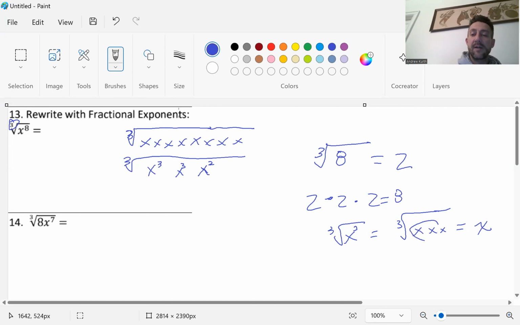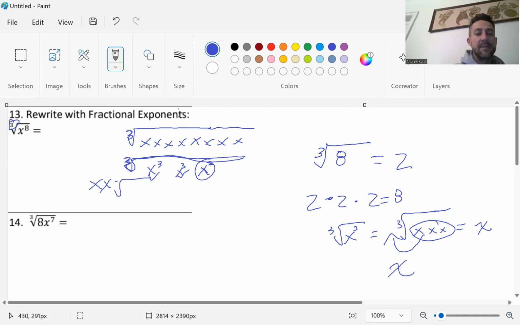So to simplify the cube root of some number multiplied by itself 3 times, that's just that number. So here we could say the cube root of x cubed is x. Then here the cube root of x cubed is again x. And then we're left with x squared under the cube root. So that has to stay there because it didn't have enough duplicates to simplify, if that makes sense.